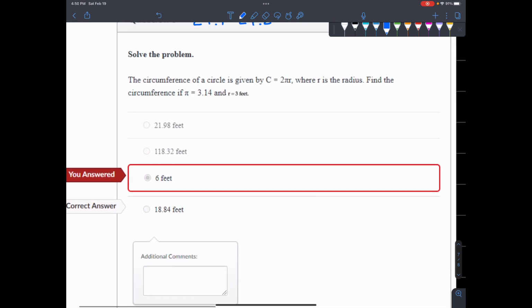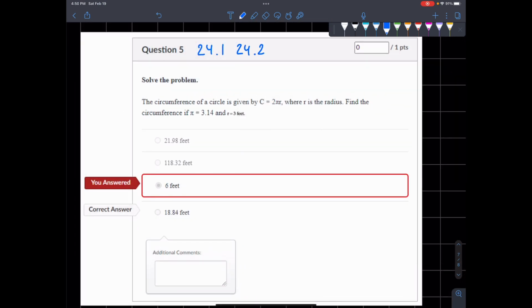There you go. Perfect. Question 5 of 24.1, 24.2. Given that the circumference of a circle is c equals 2 pi r, where r is the radius, find the circumference if pi is equal to 3.14 and the radius is equal to 3 feet. All right, this one's not too bad. It's basically c equals, and we know what pi equals, so that's 3.14.